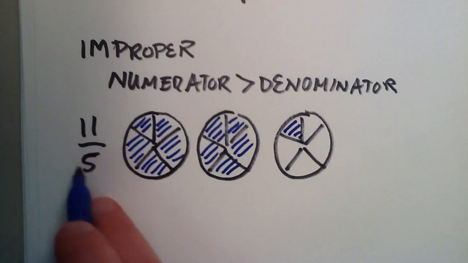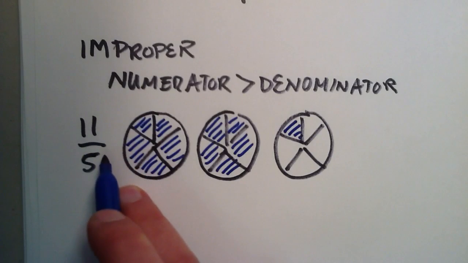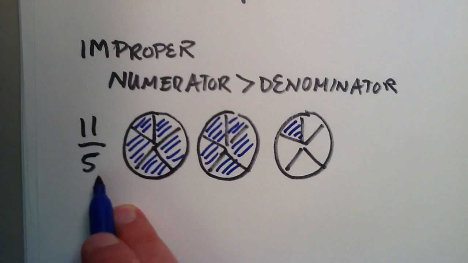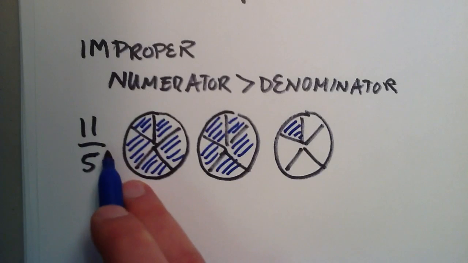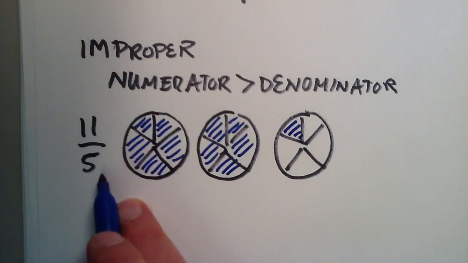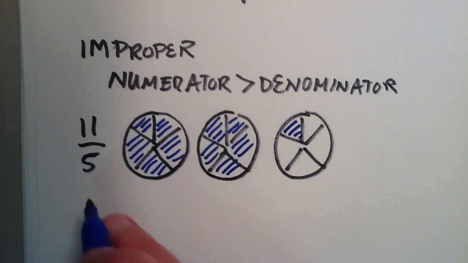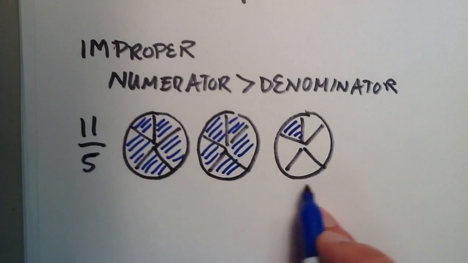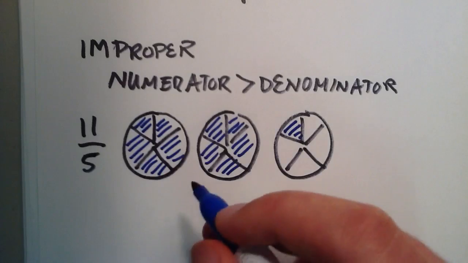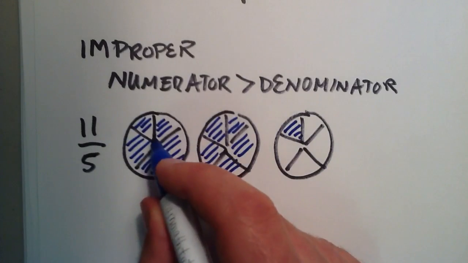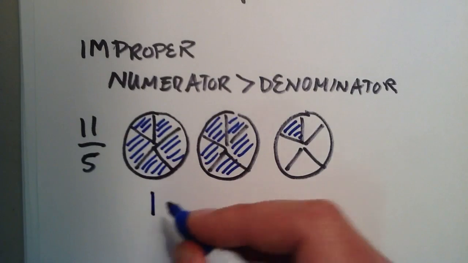Now it's only an improper fraction when it's written as 11 over 5. Now there's another way to write improper fractions, and that other way to write it is the mixed fraction. And so basically from this diagram I can show you what the mixed fraction is going to be. So we're just going to say this is one whole unit, it's full, so it represents the number 1.